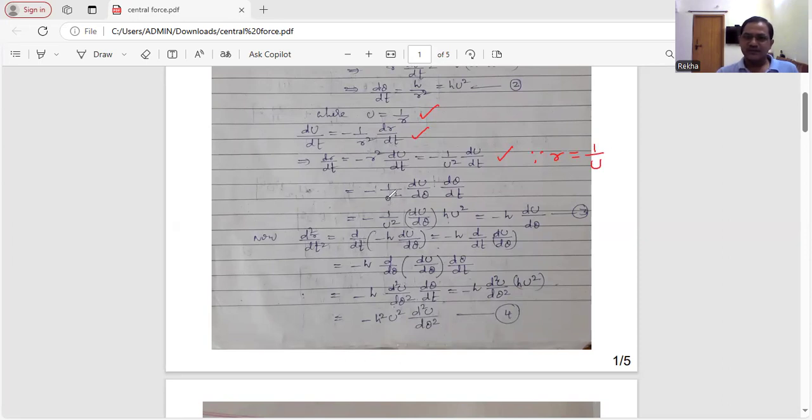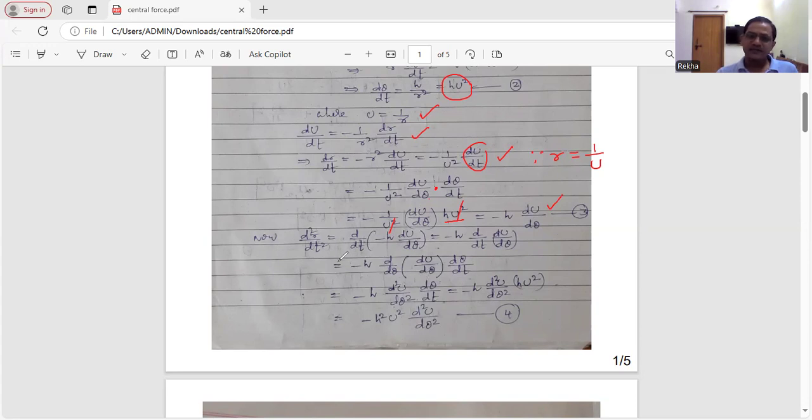This du by dt can be written as du by d theta into d theta by dt, that equals minus 1 by u square du by d theta, but d theta by dt is h u square. Substituting that here, u square cancels, and we get minus h du by d theta.